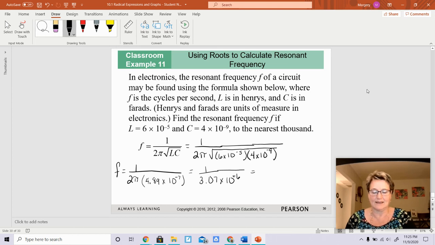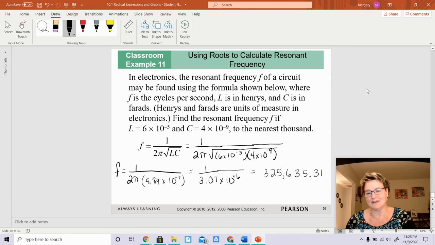All right, and then we're going to just divide that. And I get 325,635 and 31 hundredths.